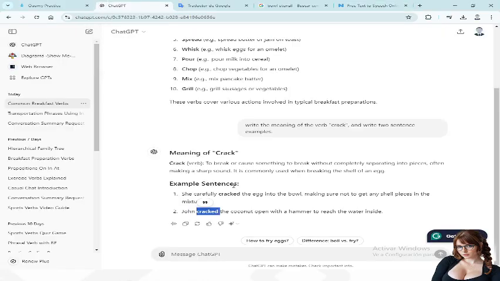So, in this order, you need to write your examples. My second example is: John cracked the coconut open with a hammer to reach the water inside.